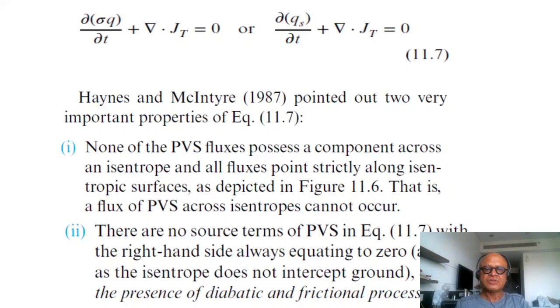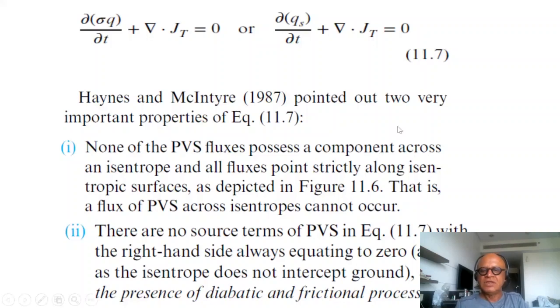There are no source terms of PVS in this equation, with the right hand side always equaling 0 as long as the isentrope does not intercept the ground. Remember, we didn't see the isentropic map for 315K or 330K for July, because in the monsoon season that isentrope intersects the Himalayan mountain Tibetan plateau.